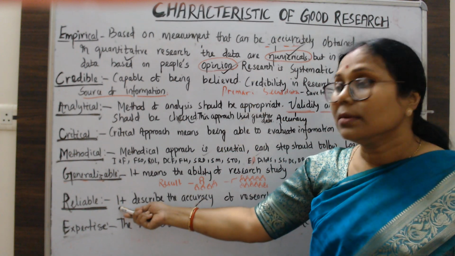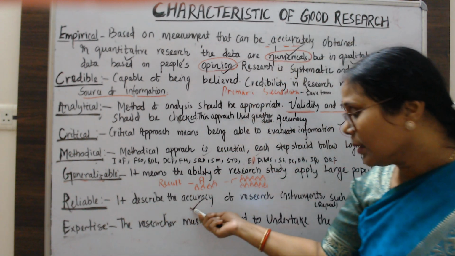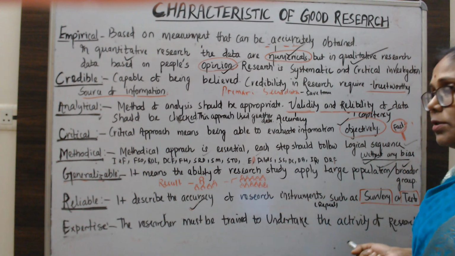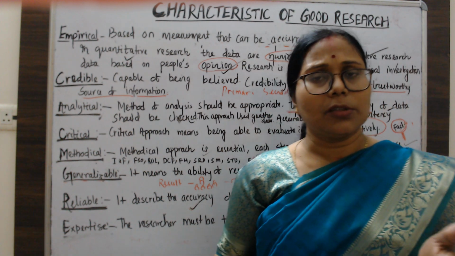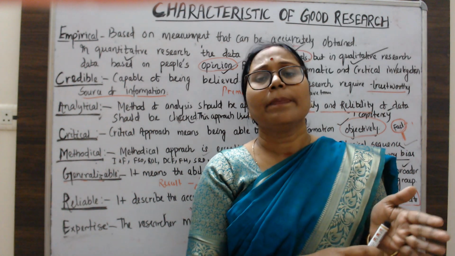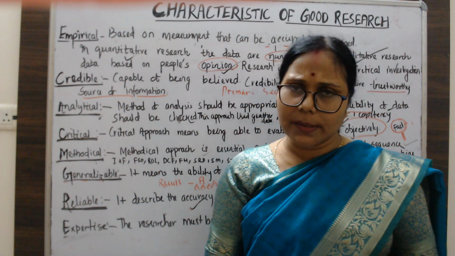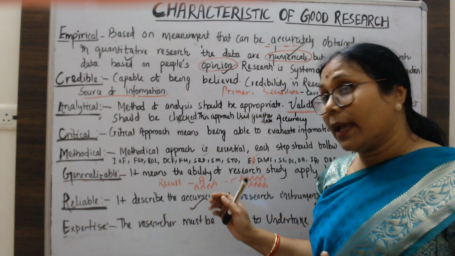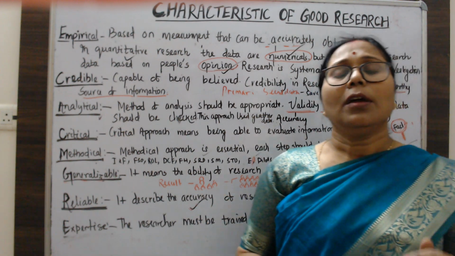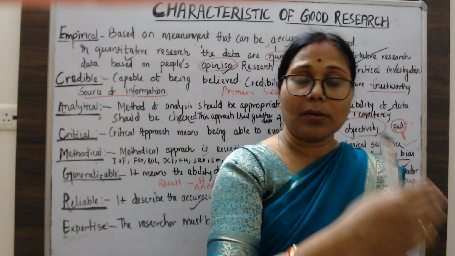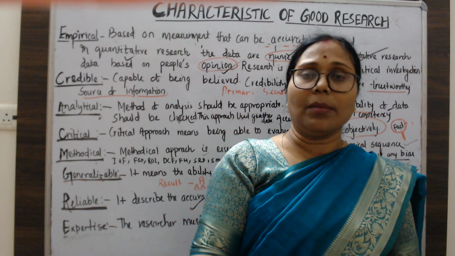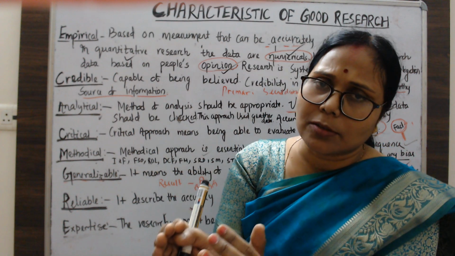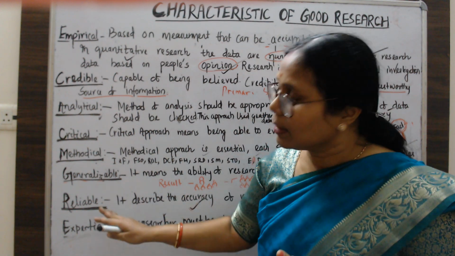Next comes reliable. Reliable describes the accuracy of the research instrument, such as a survey or test. If you do a survey, pre-test or post-test for the research, it should be done accurately. If another person does the same research, or you repeat the research, then every time the results will be the same, and that is called reliability.